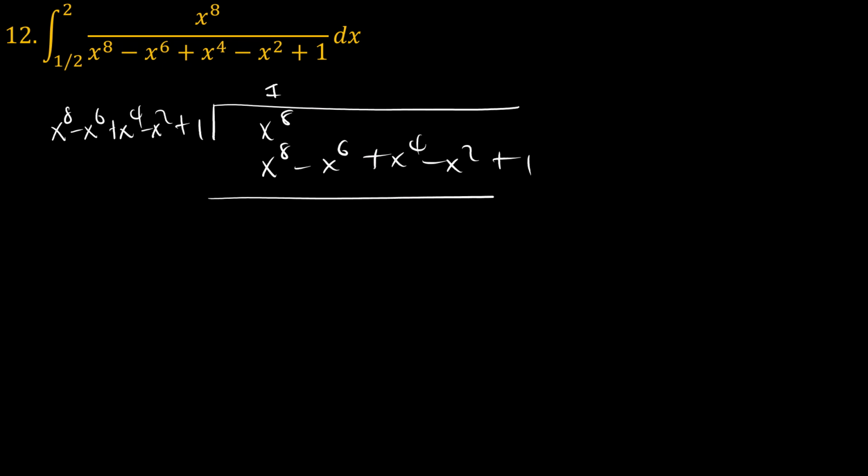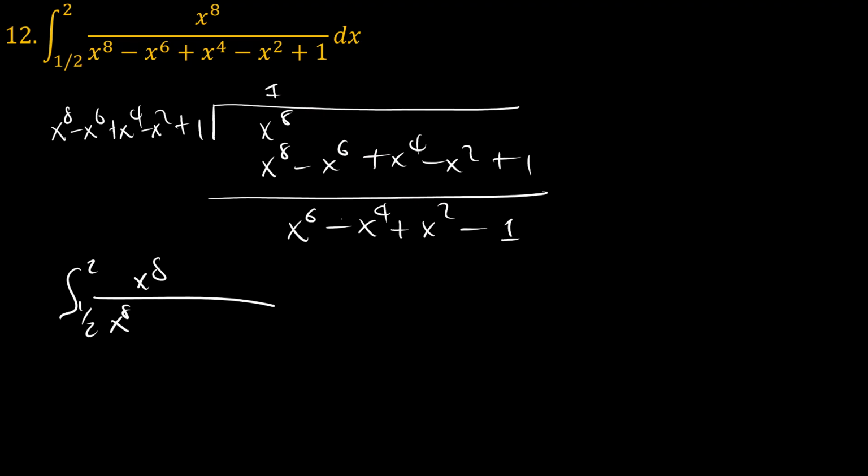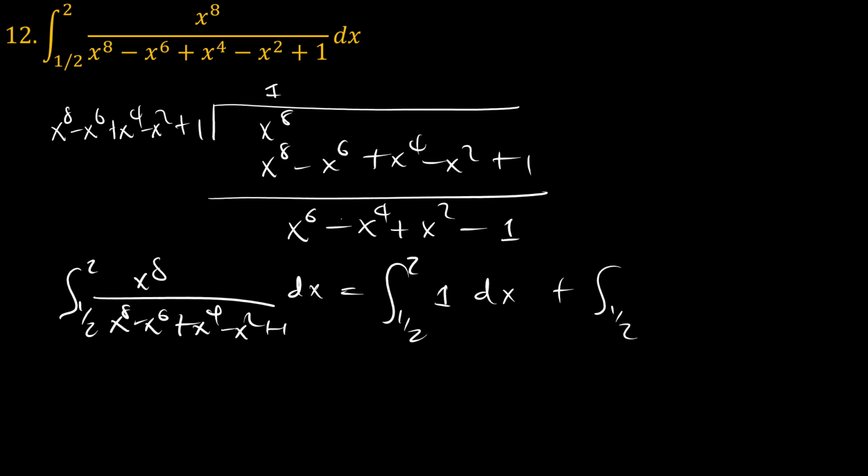And so the remainder just becomes x to the 6th minus x to the 4th plus x squared minus 1. And so our integral is the same as two special integrals.